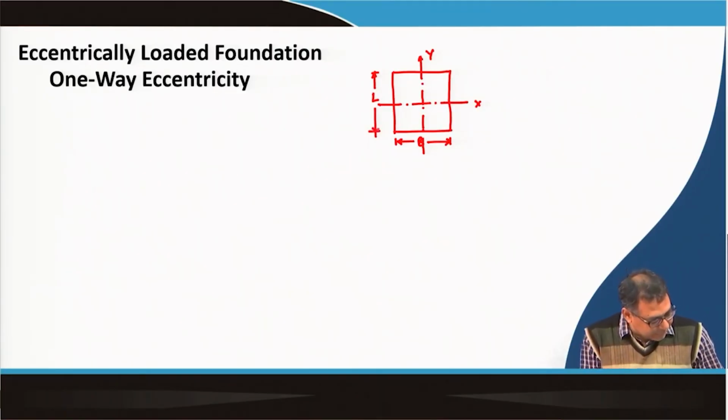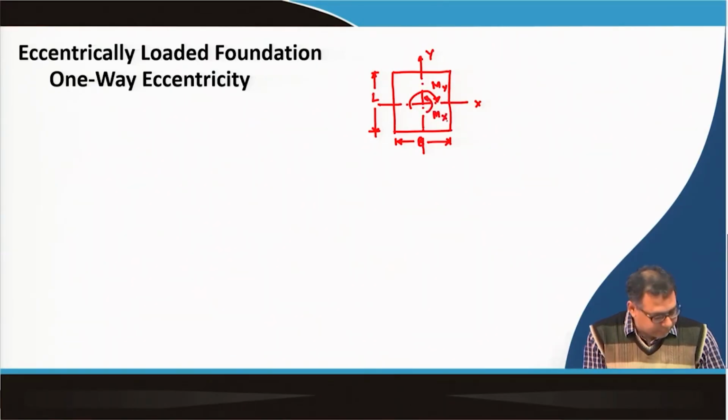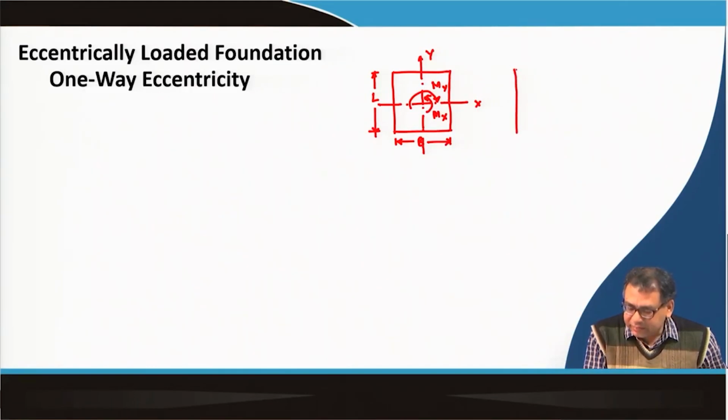As I mentioned, there may be a possibility that a moment is acting, say M y, or in this way also a moment is acting, which is M x. Because of that, the load will act at a distance away from the center.